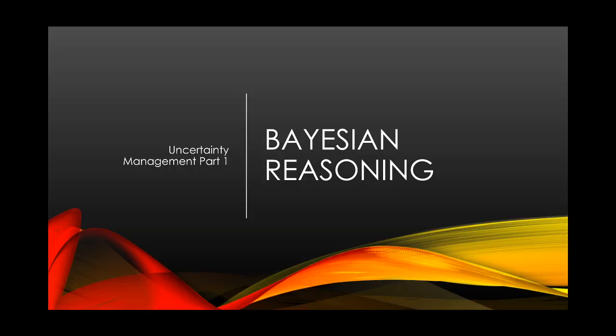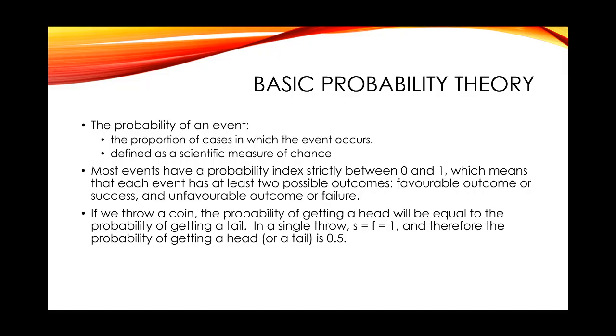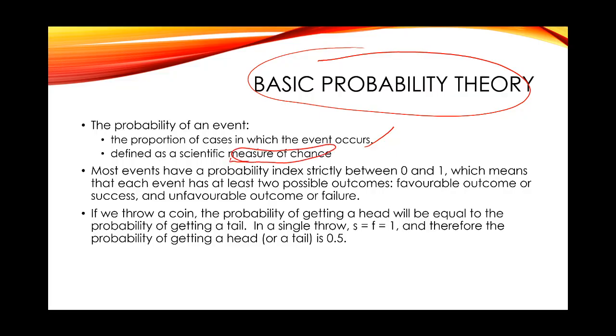First things first, let us take a look at Bayesian reasoning. Bayesian reasoning adapts basic probability theory, whereby the probability of an event is the proportion of cases in which the event occurs, or it can be measured as the measure of chance.